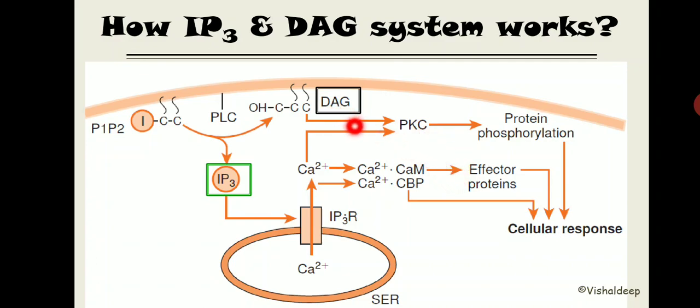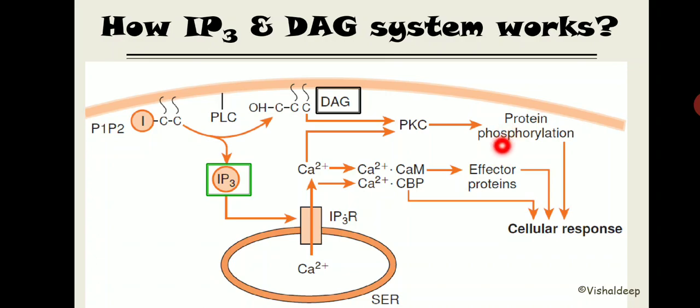Now what happens to the DAG? Once the calcium is released from the sarcoplasmic reticulum, it combines along with the DAG and activates the enzyme known as protein kinase C, while on the other hand IP3 will activate the calmodulin kinase.